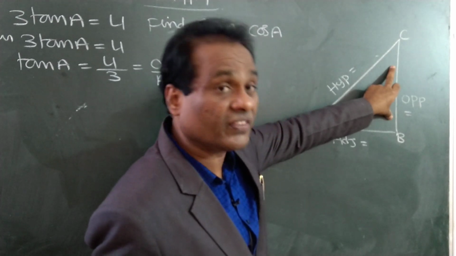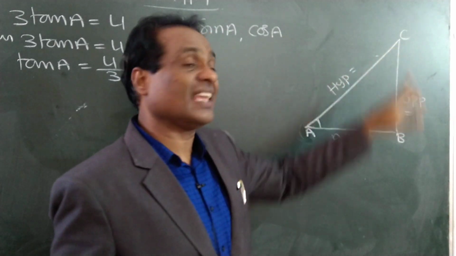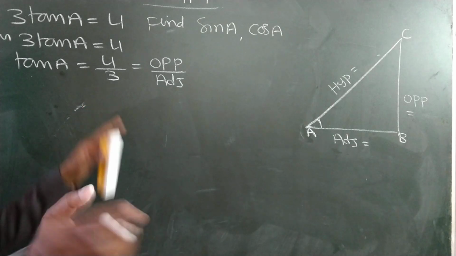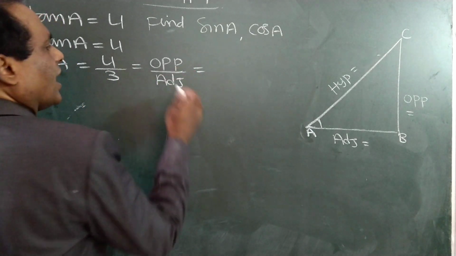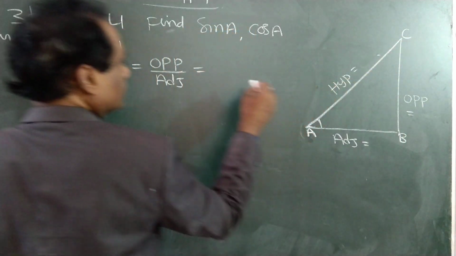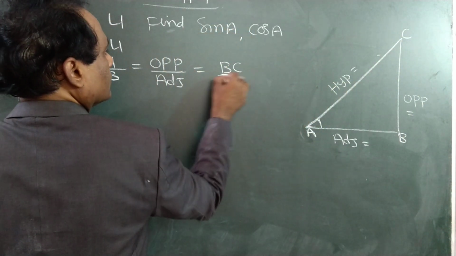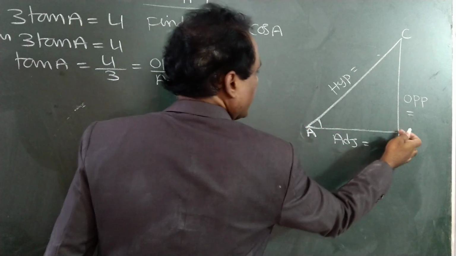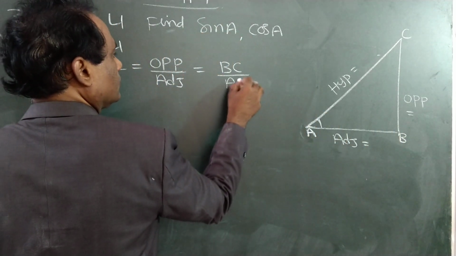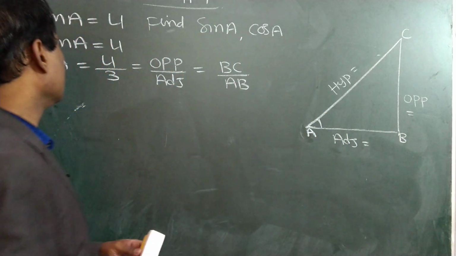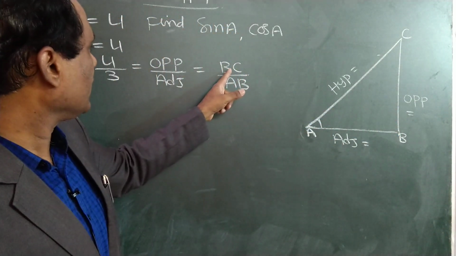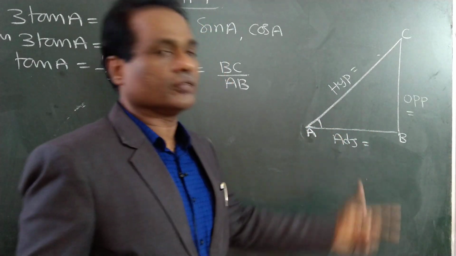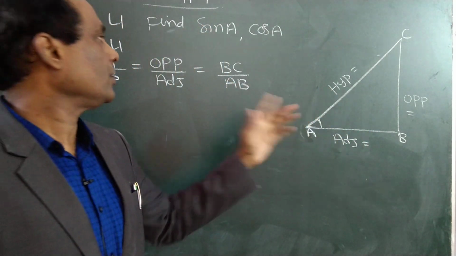Opposite is BC. Hypotenuse is AC. So actually opposite is BC. What is adjacent side? AB. Opposite is BC, adjacent is AB. BC by AB.